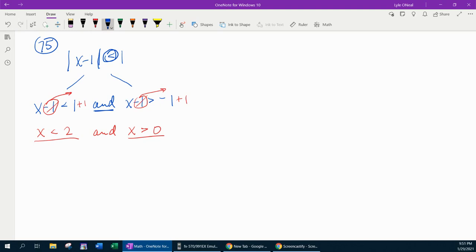The next thing we need to do is go to the number line. I've got 2 critical points. Please make sure you put them in the right order, 0 and then 2. And they're both going to have open circles, right? Because neither one of them has the equal to part. And let's talk about the shading.